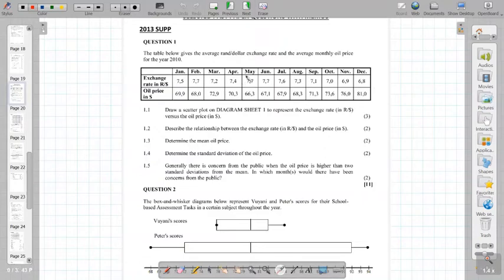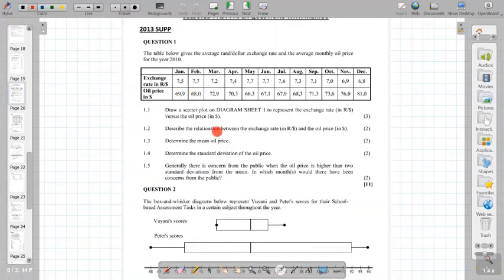If not given, time related information, the ages, the years, is better placed on the X-axis. Basically, independent variables go on the X-axis and dependent variables on the Y-axis, because we can say oil prices depend on the exchange rate. Maybe that's what we are looking for.